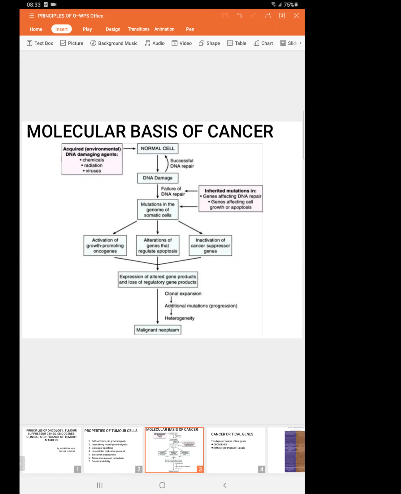It can be a proto-oncogene leading to formation of an oncogene. It can also be alteration in the regulation of apoptosis, or inactivation of the tumor suppressor genes. These lead to altered gene products and/or altered regulatory pathways that lead to clonal expansion and additional mutations, which lead to heterogeneity and pave the way for formation of a malignant neoplasm.